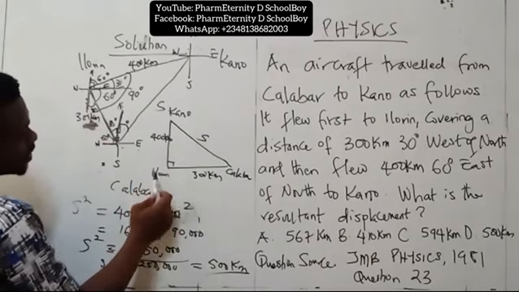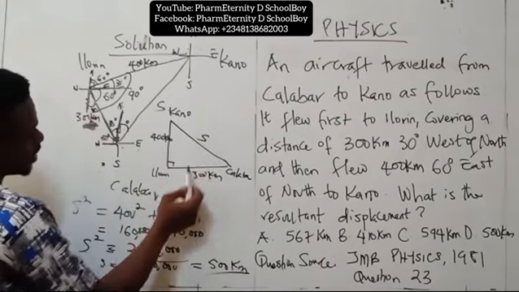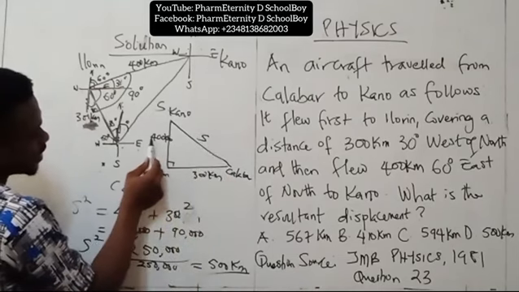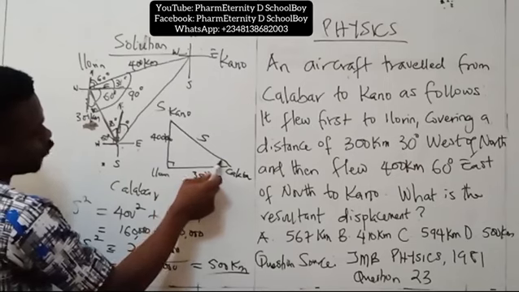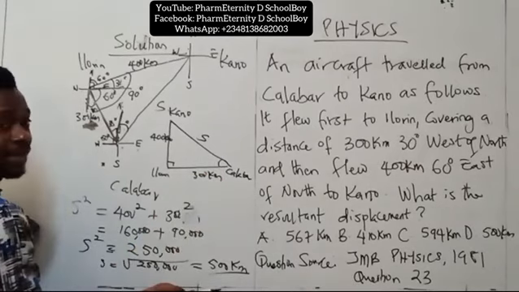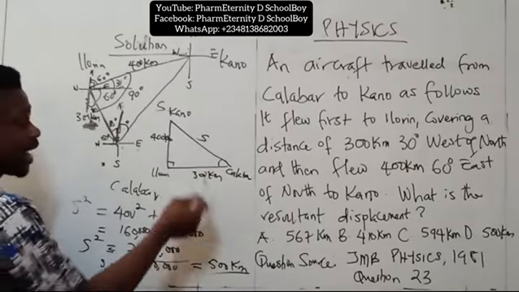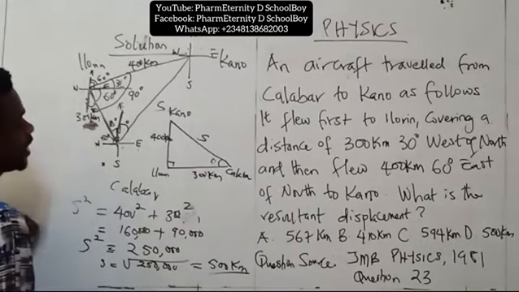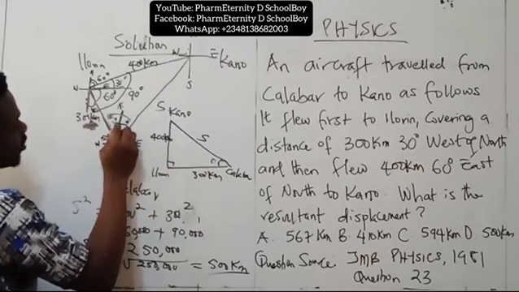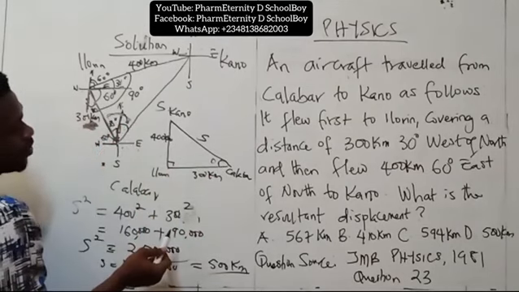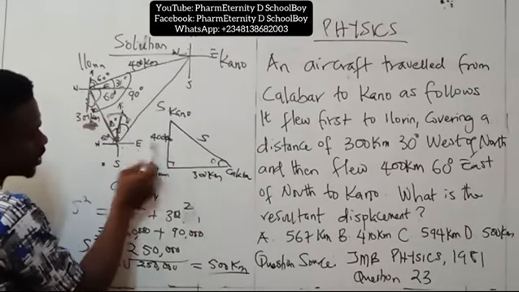This over this will give you tan theta. We get this theta and find the total angle here, because actually this is opposite over adjacent.